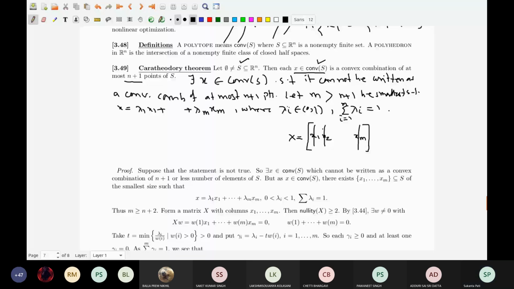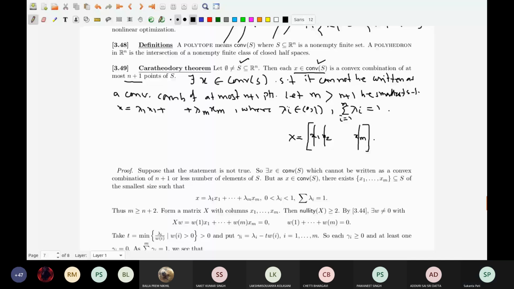Therefore, the nullity of X will be at least 2. Rank can at best be n, and therefore the null space will have dimension at least 2. And because the null space will have dimension at least 2, it is very easy to show, from a previous exercise, there are 3 ways to show that.